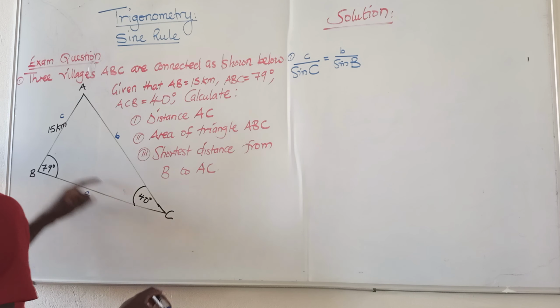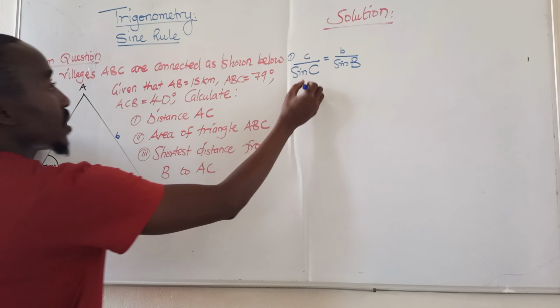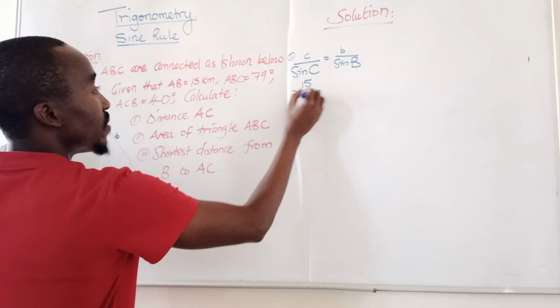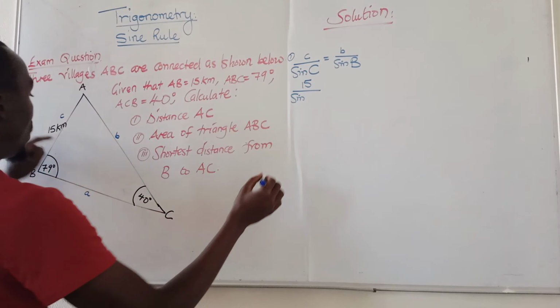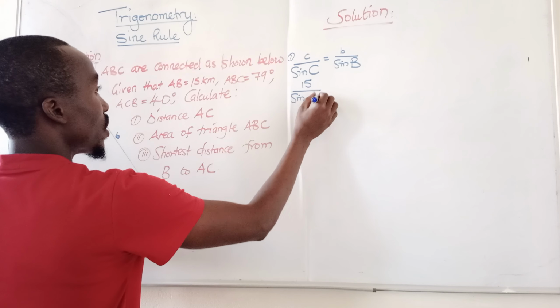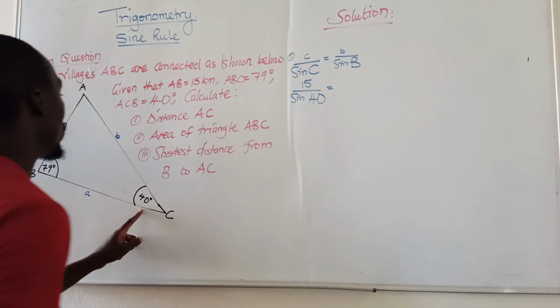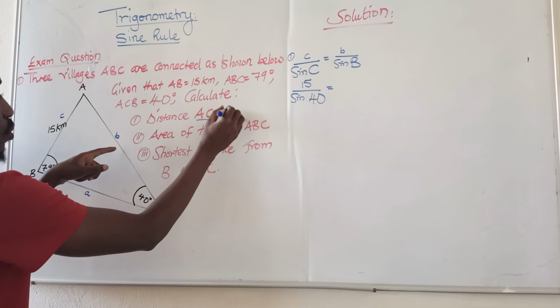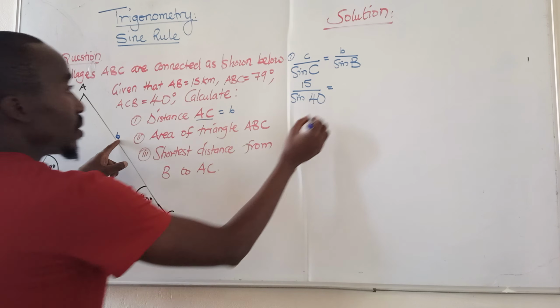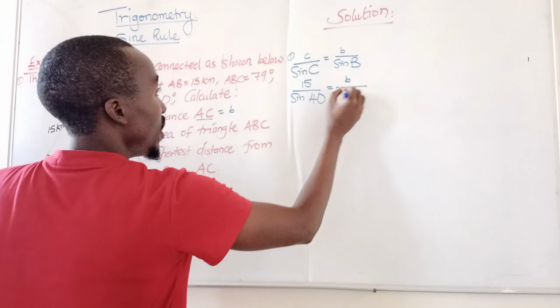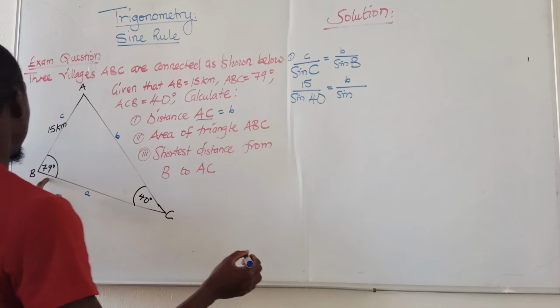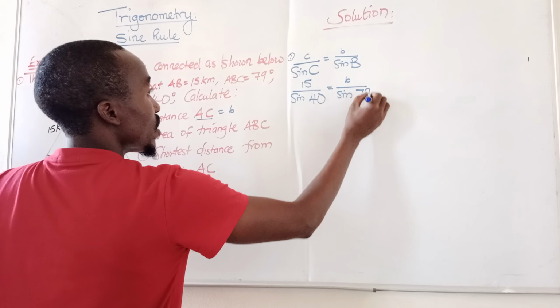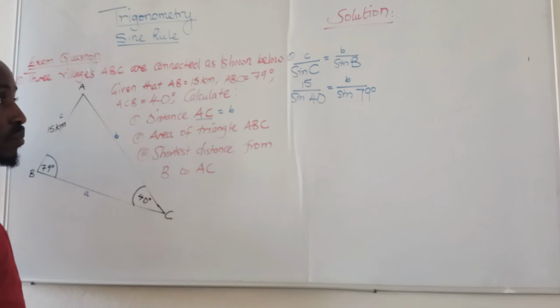Our C is 15, so 15 over sine C, which is 40 degrees, is equal to AC, which we are finding, AC is B. We don't know the B, and the sine B is 79 degrees.